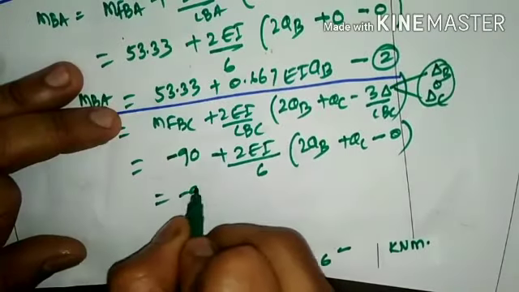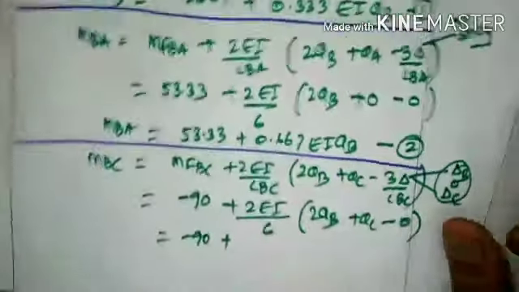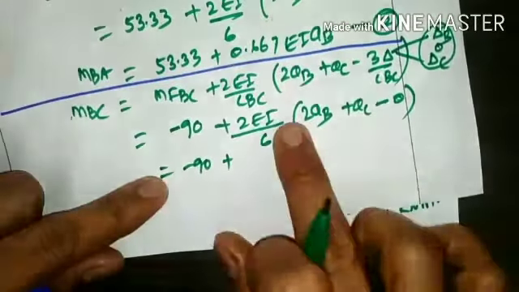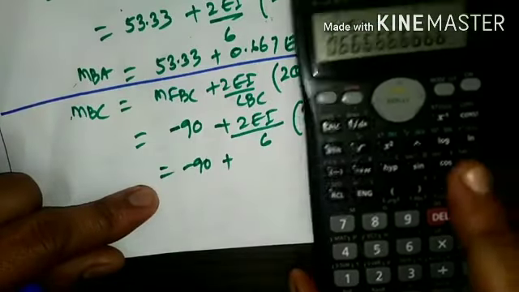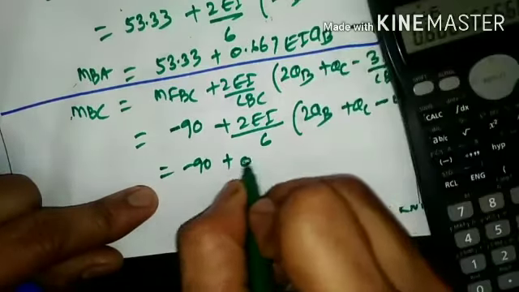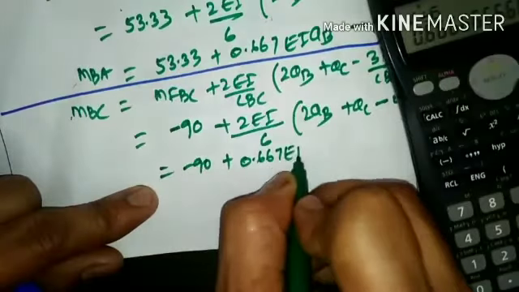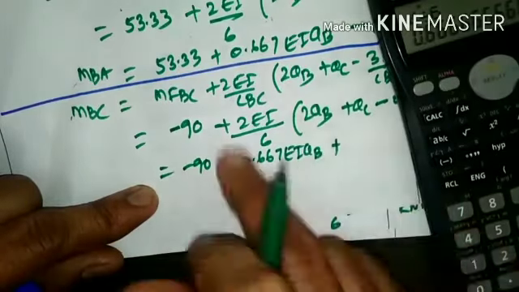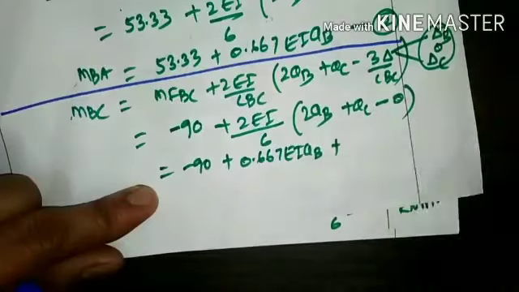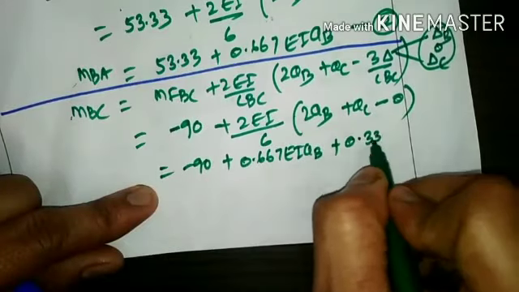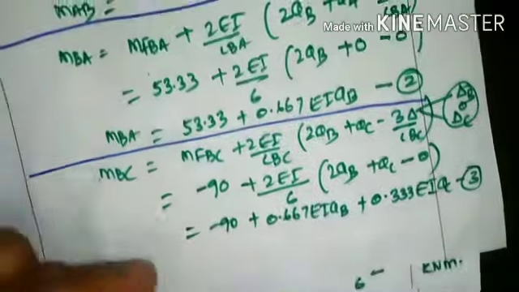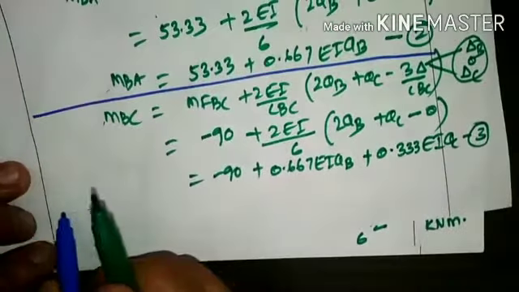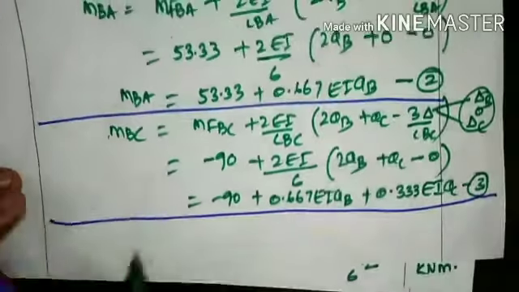So this is minus 90 plus, first value, 2 into 2 will be 4, 4 by 6 will be 0.667 EI theta B. Then 2 by 6 will be 1 by 3, 0.33 EI theta C. So this is equation number 3 related to MBC.